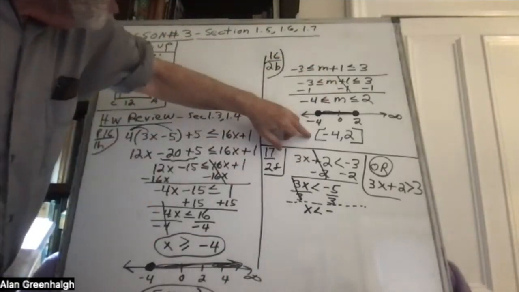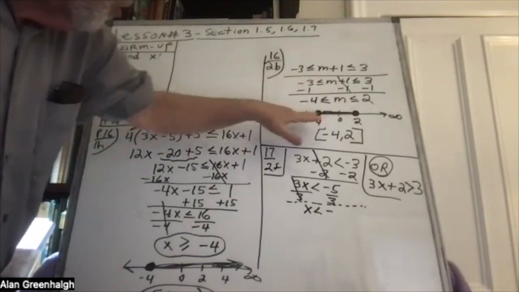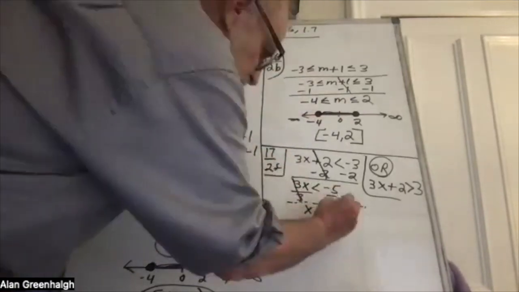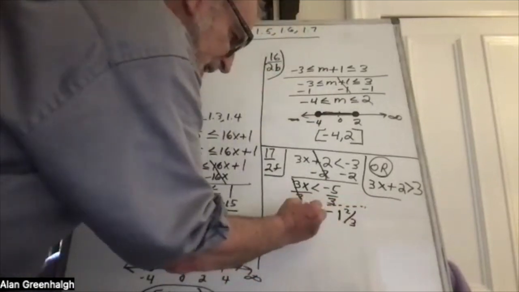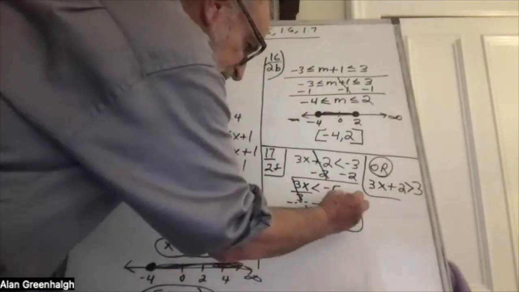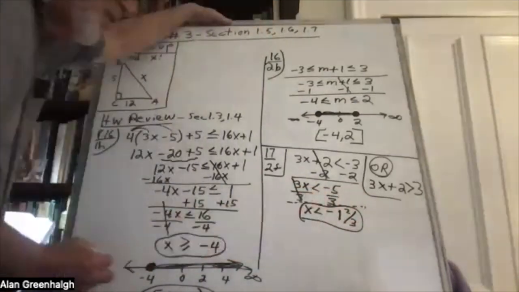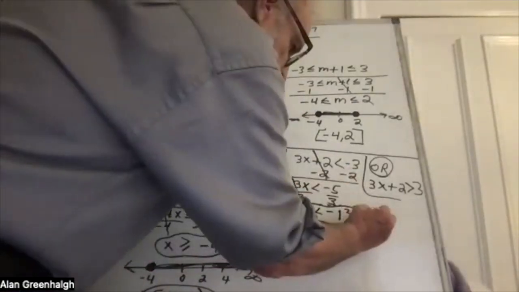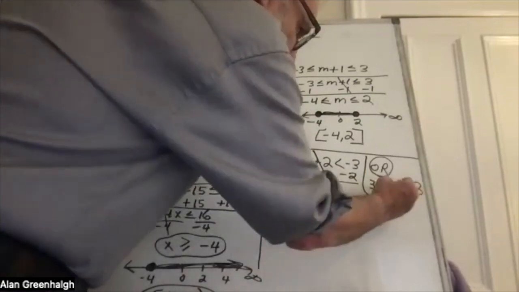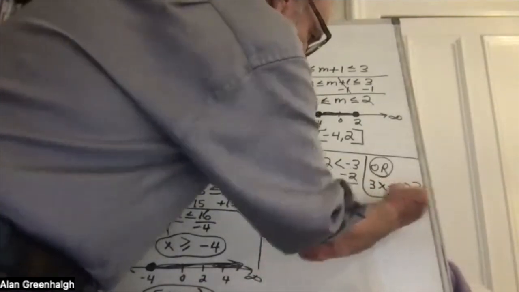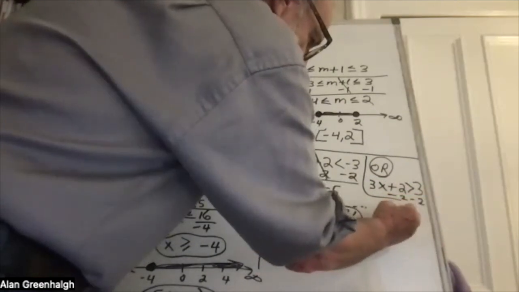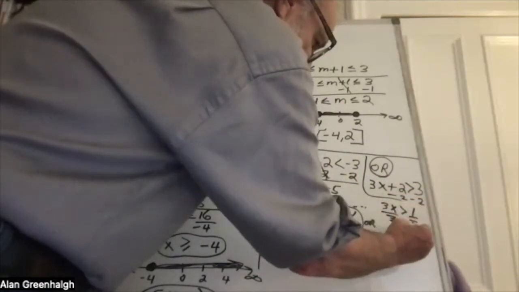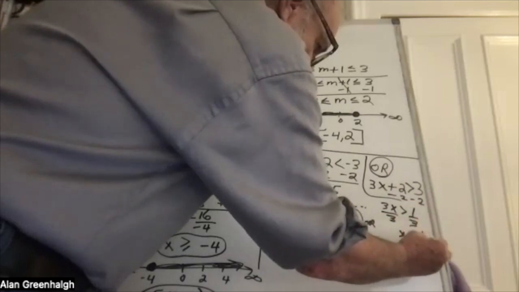So I would change this to -1 2/3. So x is less than -1 2/3, or, so we're back to the or here, -2, -2, 3x is greater than 1, and x is greater than 1/3.